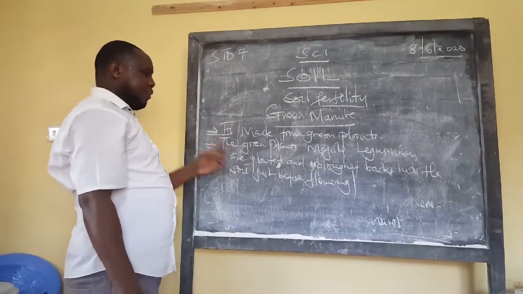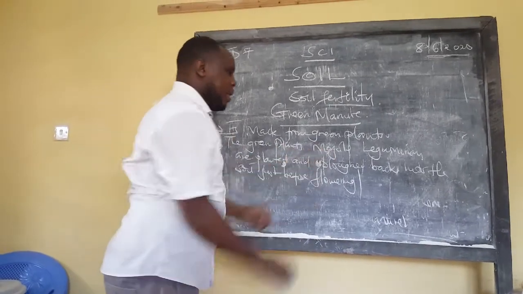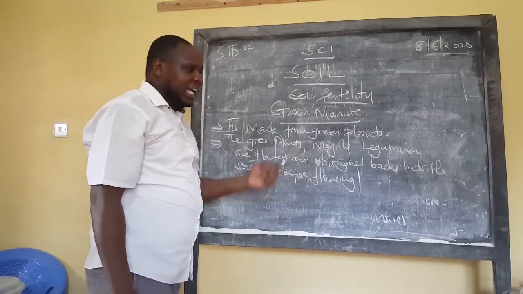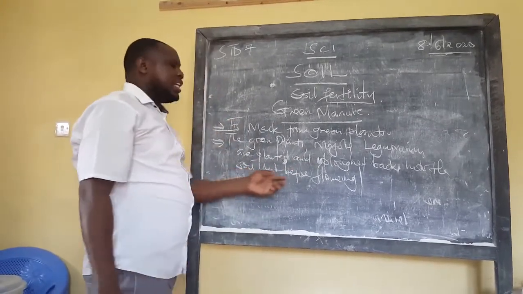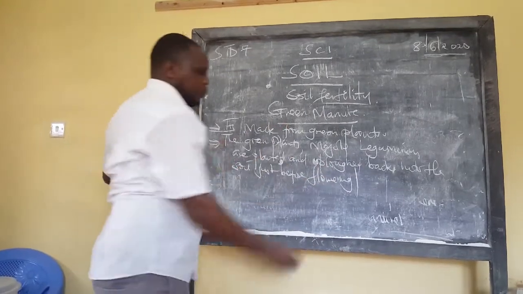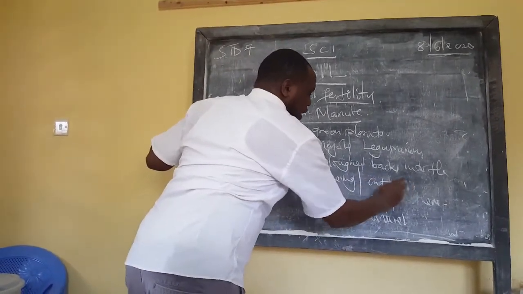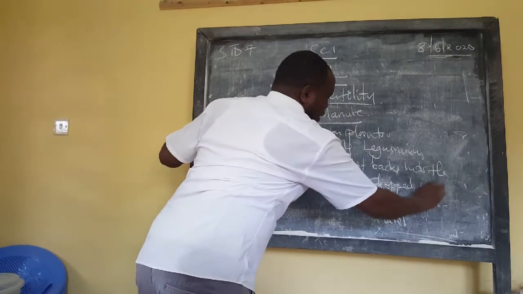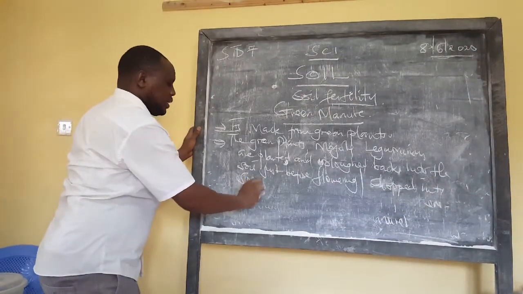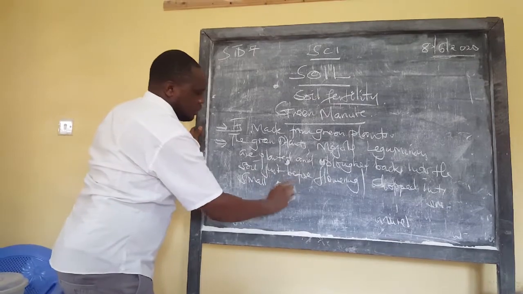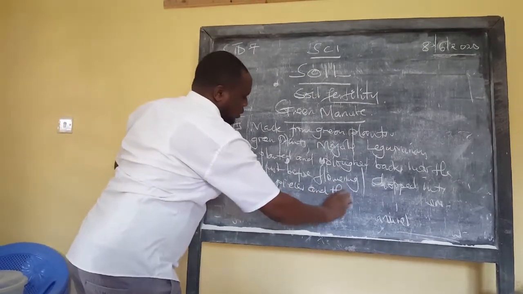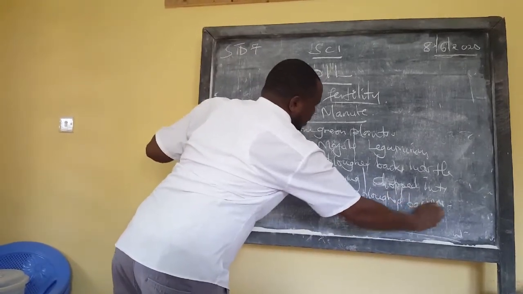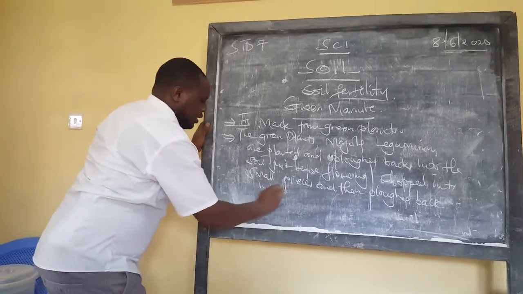Or, I've said the green plants, majorly leguminous plants, are planted and plowed back into the soil just before flowering, or cut or chopped into small pieces and then plowed back into the soil.